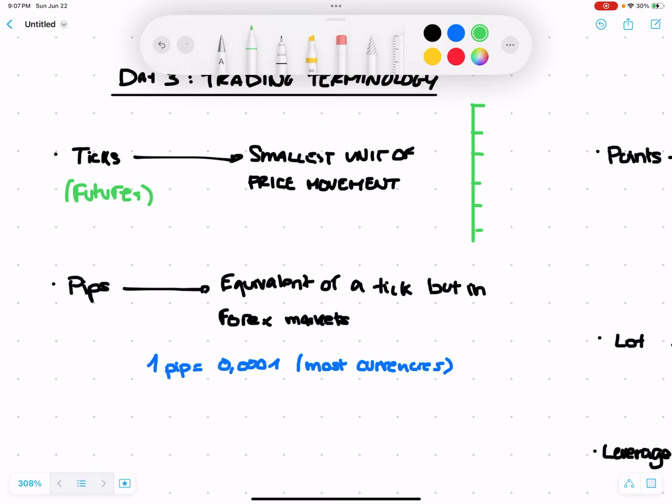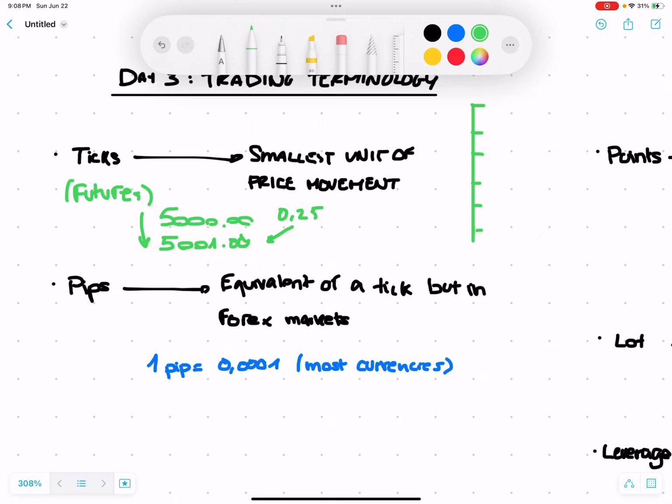So if you bought at $5,000 and now you decide to close your position at $5,001, that's a move of 4 ticks, because the distance of 0.25 goes into 1 four times.